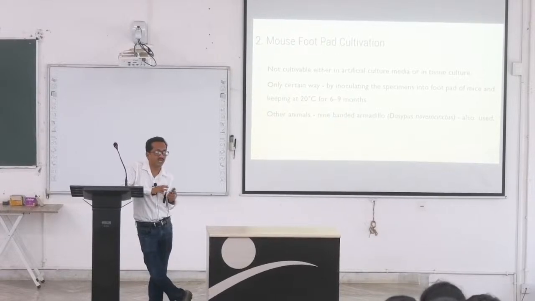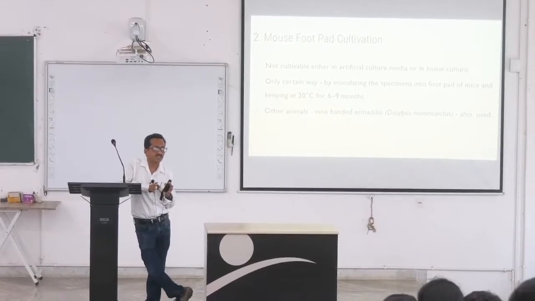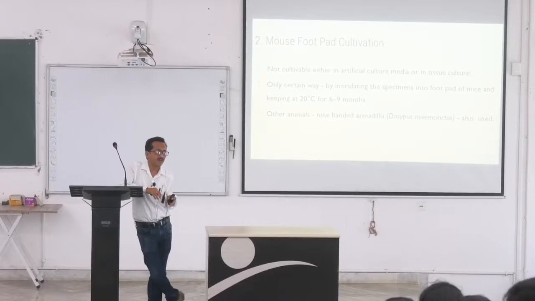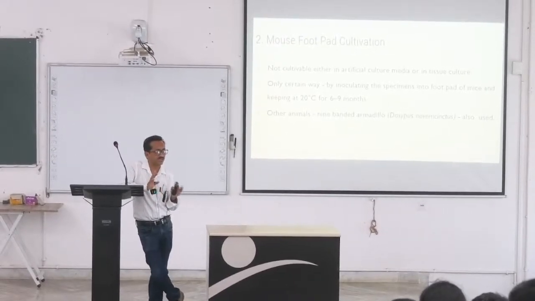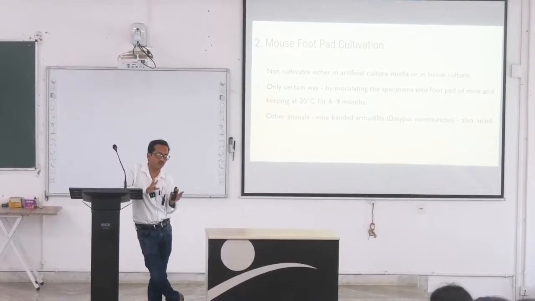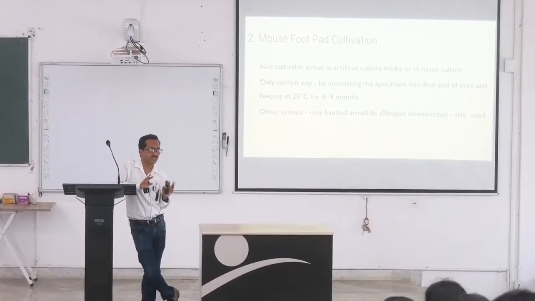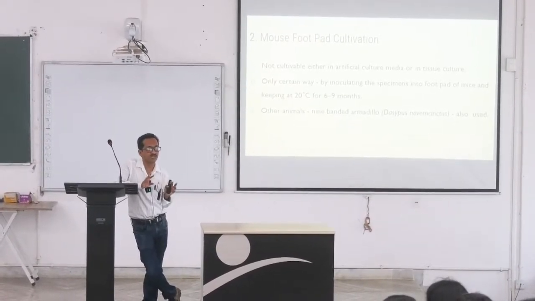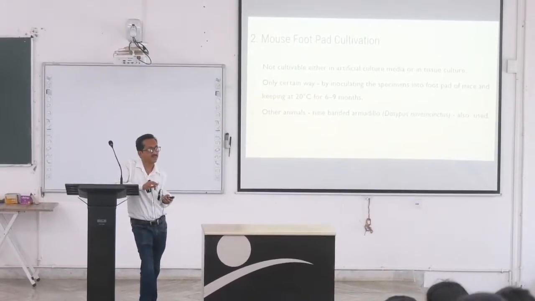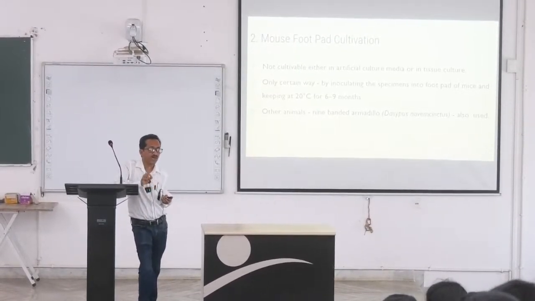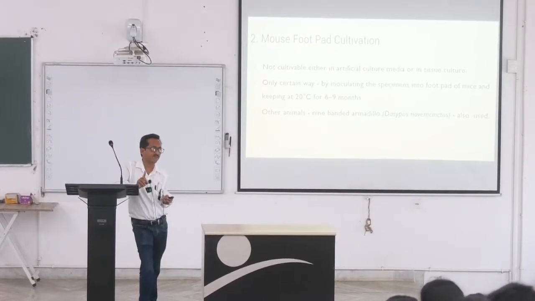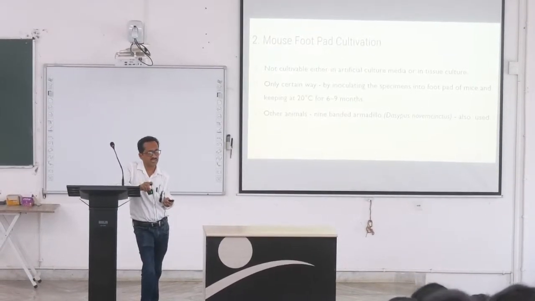There are experiments going on. There are many scientific studies where they say they are developing media for culturing Mycobacterium leprae, but to date there is no official or recognized culture media. Why can it not be cultured? What is the fault? First is the generation time: there is a long generation time of 12 to 13 days.